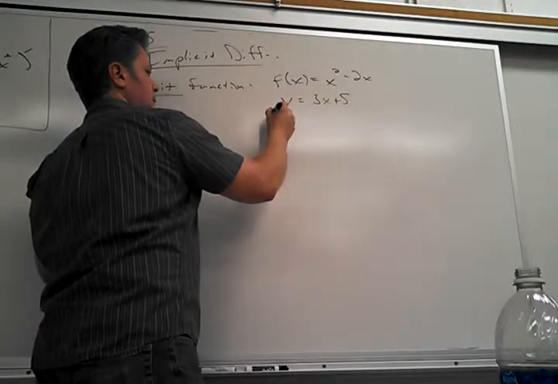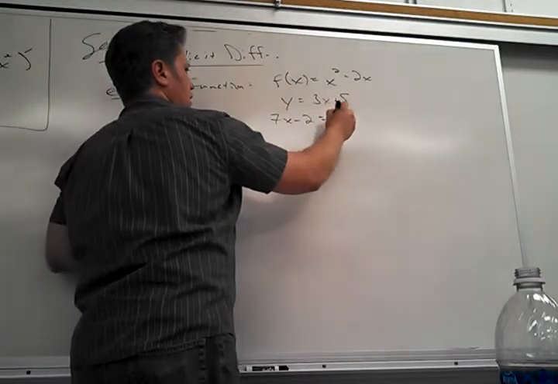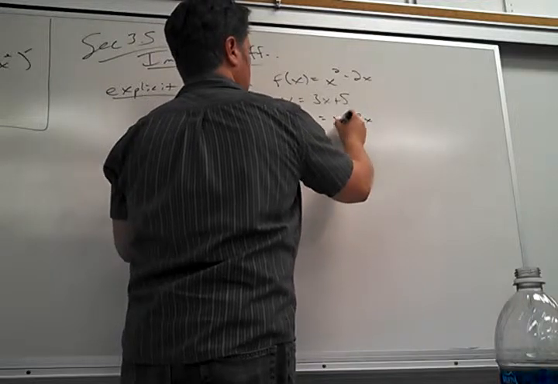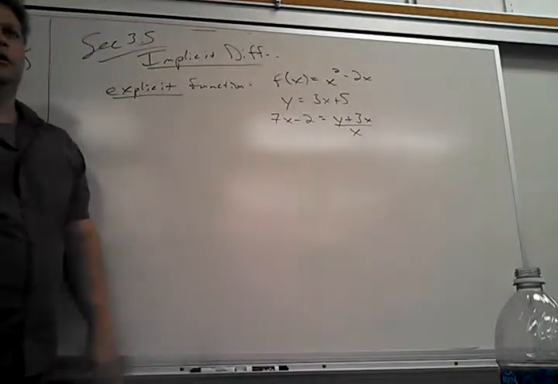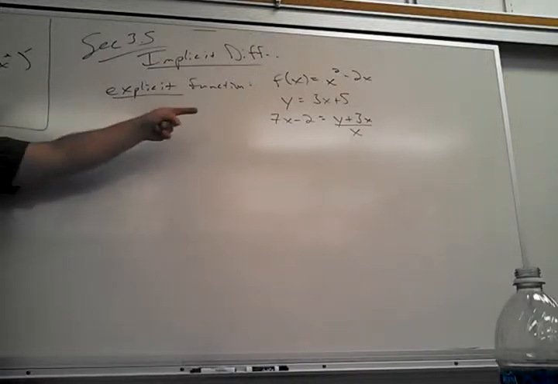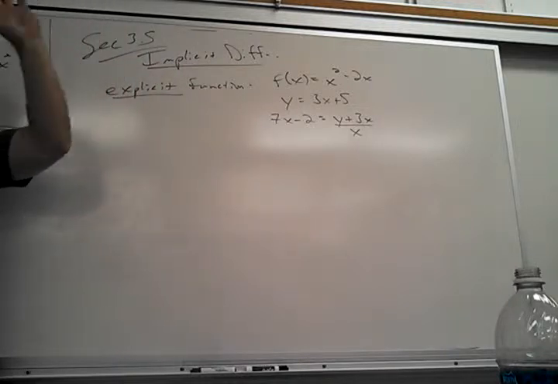Even 7x minus 2 equals y plus 3x, over x. In the first two cases, it's solved for y. Y or f is explicitly a function of x. That's where that word explicit comes from. I have y equals stuff with x. The last one, it's not there yet, but I could easily get it there, right? I could solve for y.